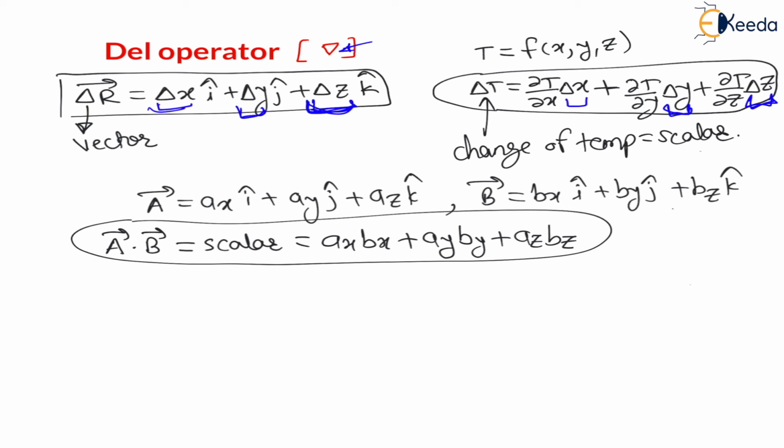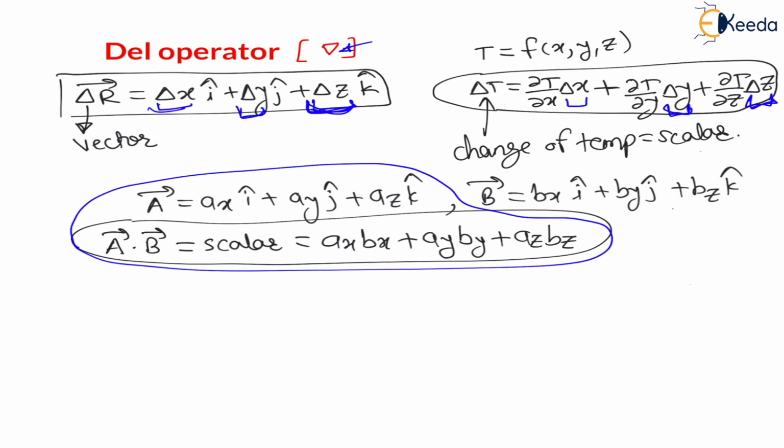Now, my dear students, by equating these two conditions, here I have vector A and I have the scalar product, so I can find vector B. Therefore, this del T, which is a scalar, must be the dot product of two vectors, and one vector is del R. So I have to find the second vector, which will have coefficients dou t by dou x, dou t by dou y, dou t by dou z.